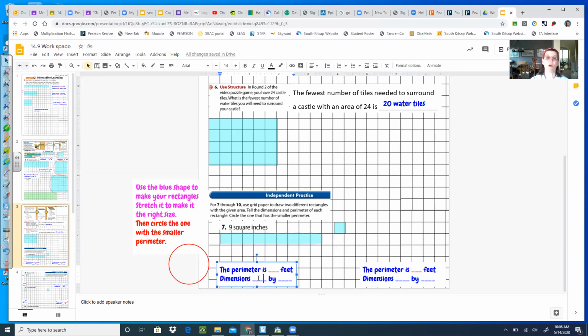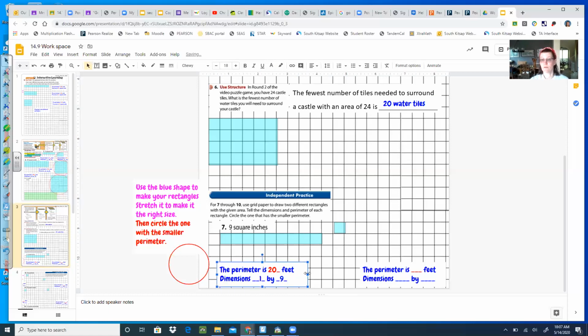My dimensions are a 1 by 9. Now I have to figure out the perimeter. So 1 plus 9 is 10. 1 plus 9 is 10. 10 plus 10 is 20. So this one had a perimeter, whoopsie, of 20 feet.